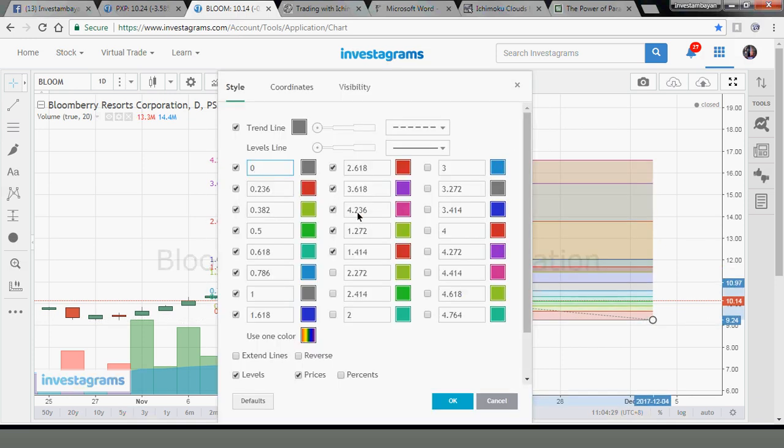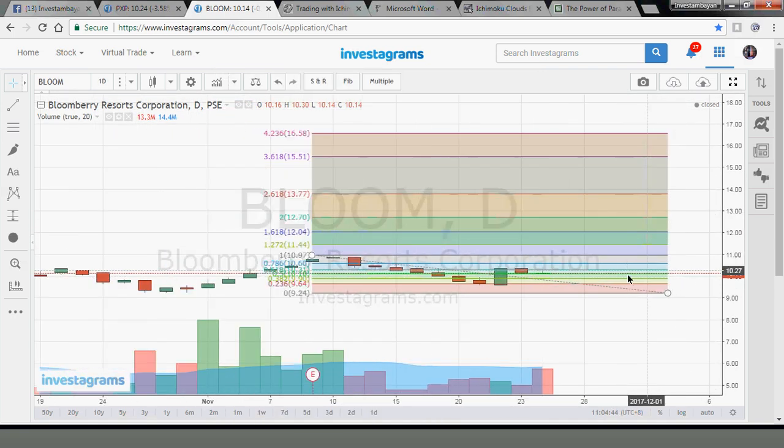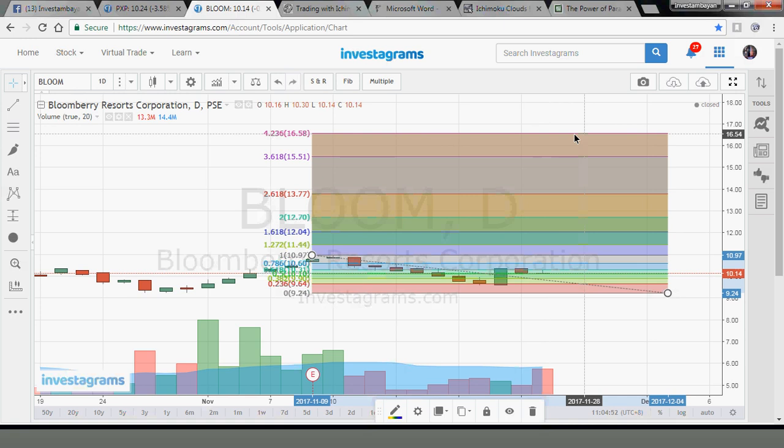Ginagamit kasi yung mga numbers sa harmonics. Ang gagawin mo lang, extend mo lang. Halimbawa, dito na siya nasa banda, umabot na siya dito. Tapos, hinold mo pa rin yung stock using Fibonacci, kasi yung mga trailing stop nababasag. Very strong naman yung stock.